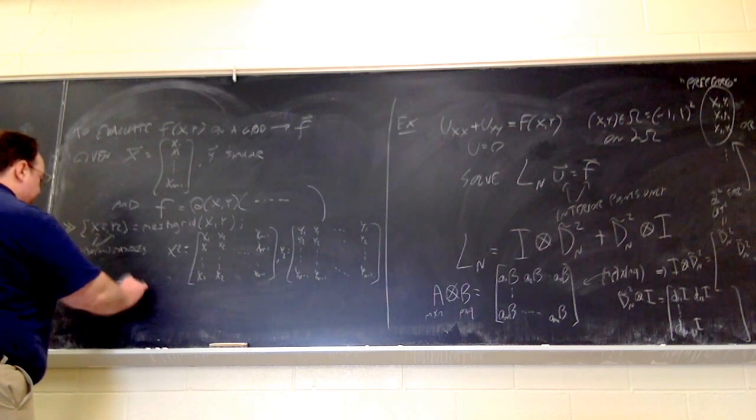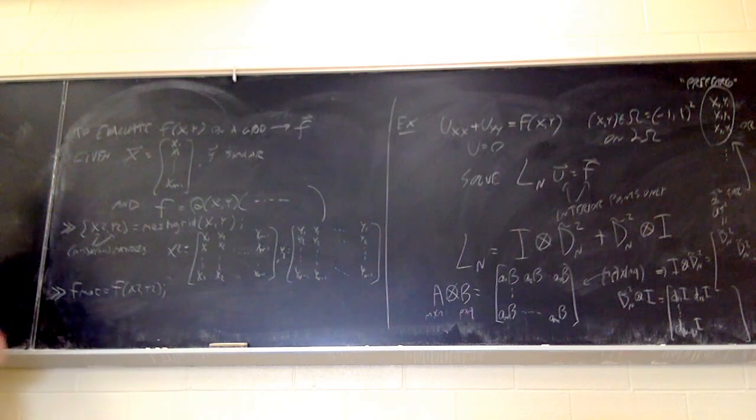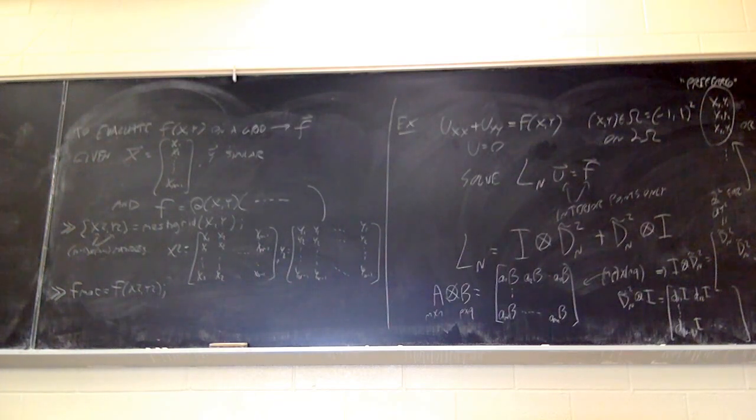I could plug these in to f, assuming I've defined my function handle in a way that is vectorized, like using dot multiplies or dot exponents where needed, so that I could plug a matrix into f and have it work as intended.